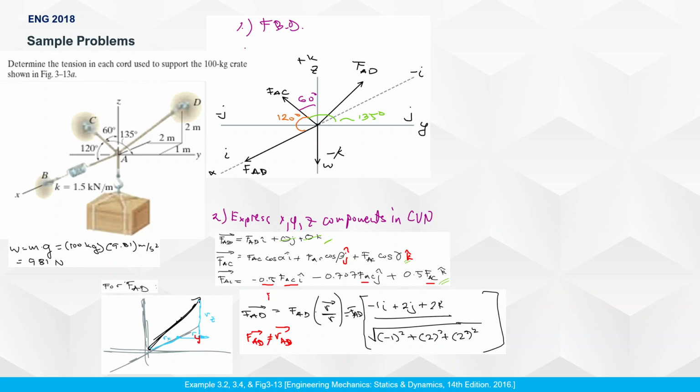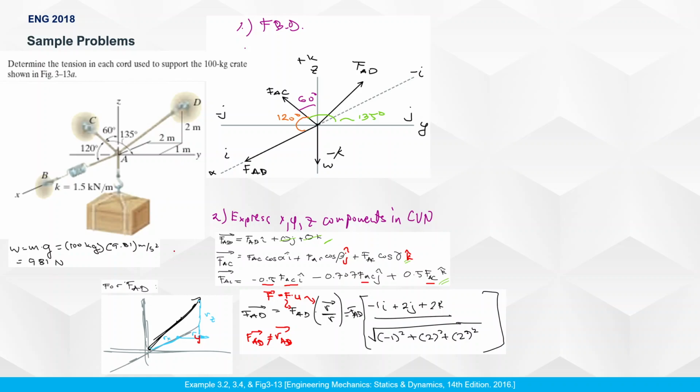So recall that F is equal to F times U. So this is the unit vector. This is the magnitude. And R is simply the components of this, head to tail. That's a lot easier. This is already given since you already know this one. This came from this.